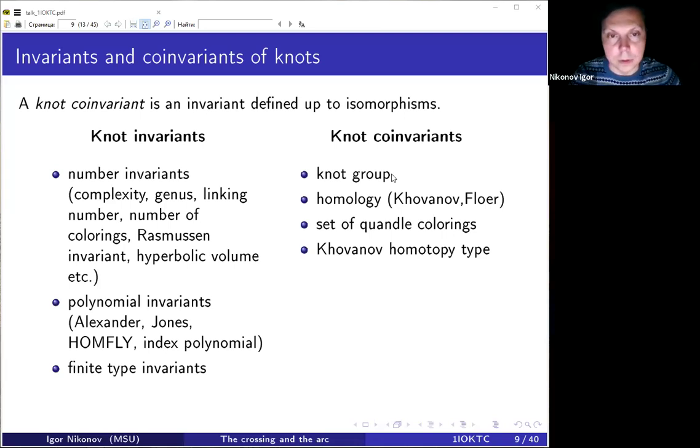So there is a group of invariants which are defined up to isomorphism, and I call this group co-invariants. And there are several constructions to pass from invariants to co-invariants, and this area is called categorification of node invariants. For example, we pass from a polynomial invariant, like the Jones polynomial, to Khovanov homology.